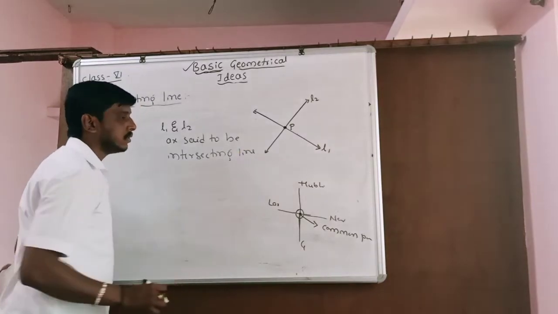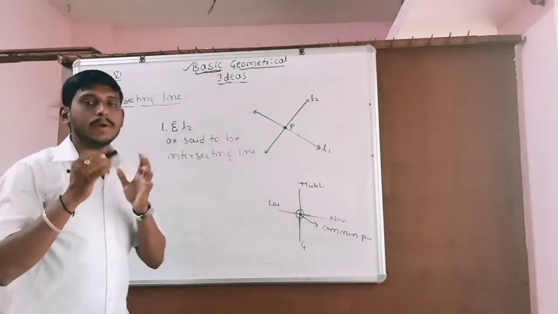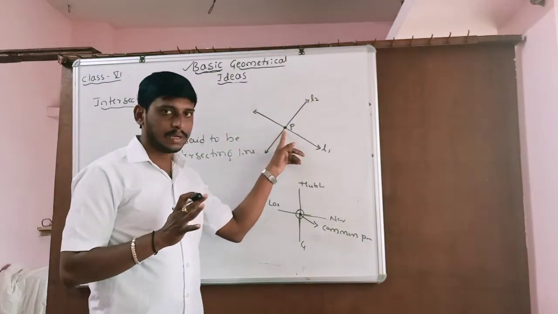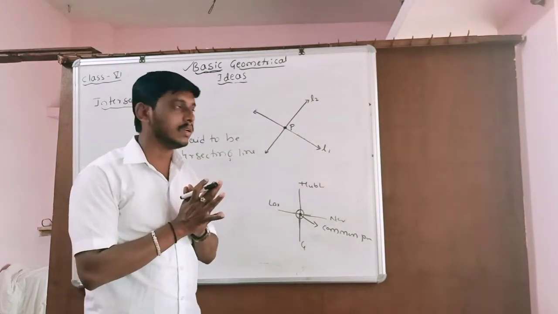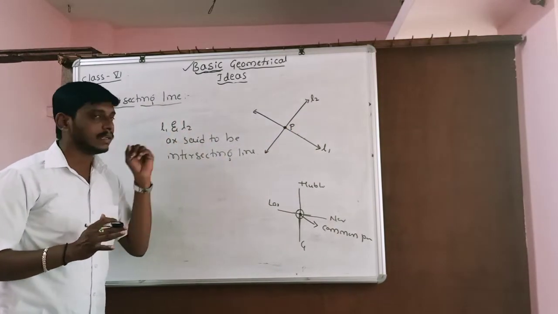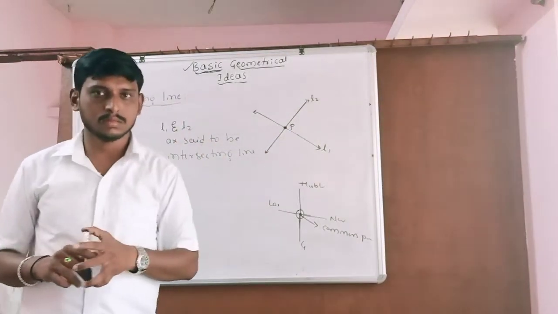Just a small concept: when two lines intersect or have a common point P, the two lines are said to be intersecting lines.